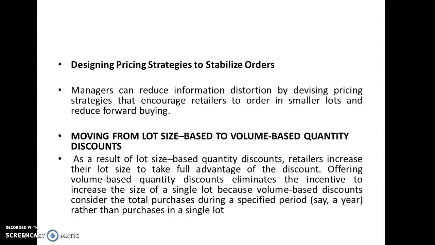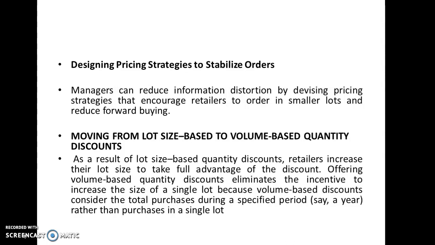Offering volume based quantity discounts eliminates the incentive to increase the size of the single lot, because volume based discounts consider the total purchases during a specified period, say a year or month or quarter, rather than purchases in a single lot.